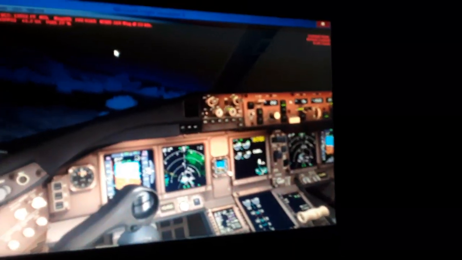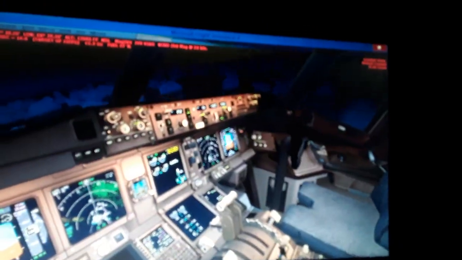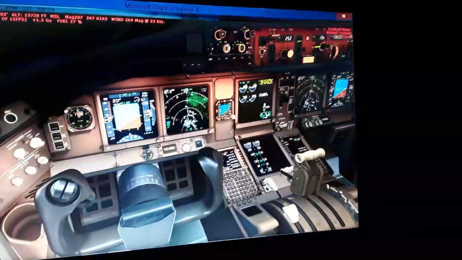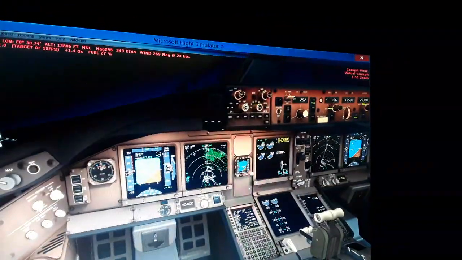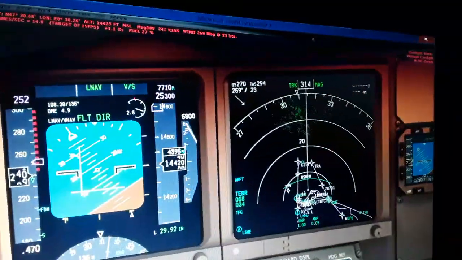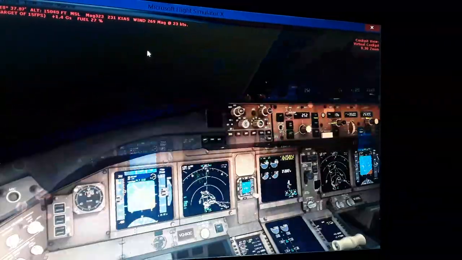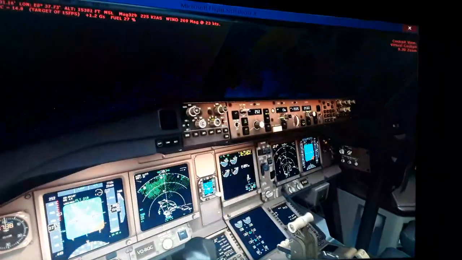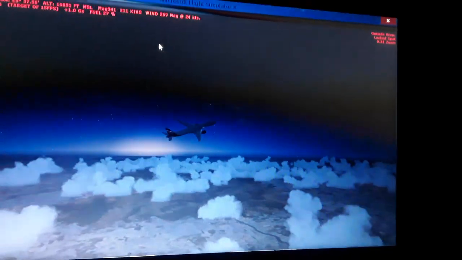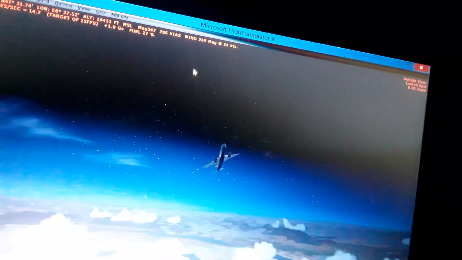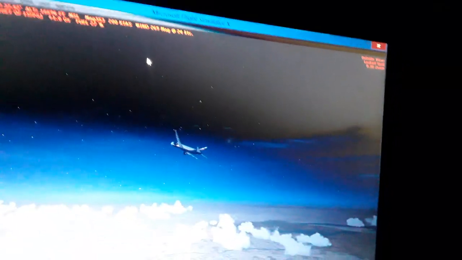So we need also to make a turn again. So we keep climbing. So this nice view with the galaxy also, the star sign over here.